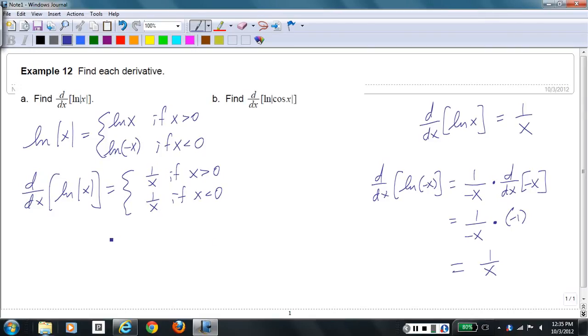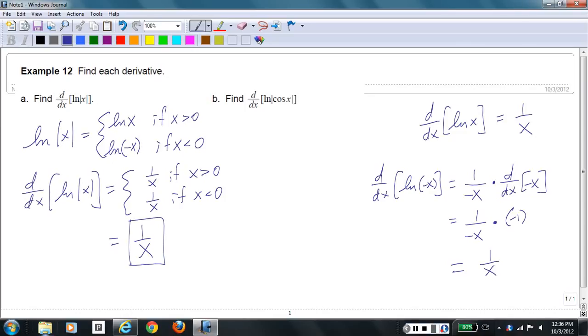So we could simply say this equals 1 over x. And we don't have to say provided x is not 0, because this expression is undefined if x is 0. So it's nice that adding the absolute value bars doesn't give us a new expression that we have to memorize. That would be a real pain.